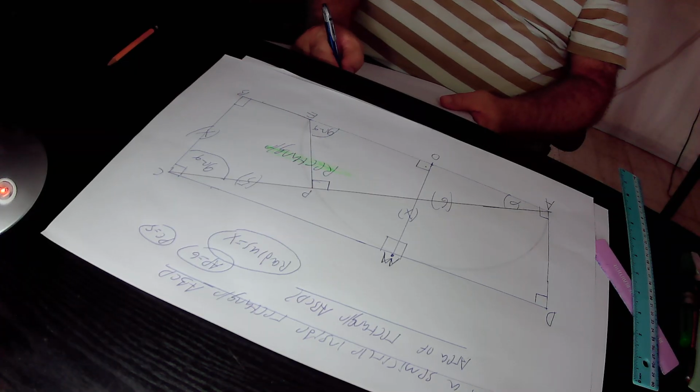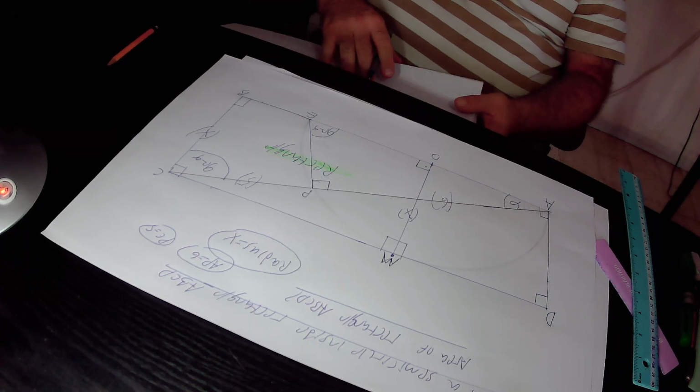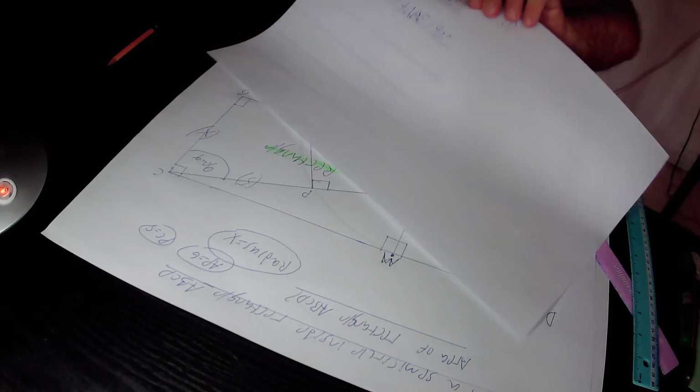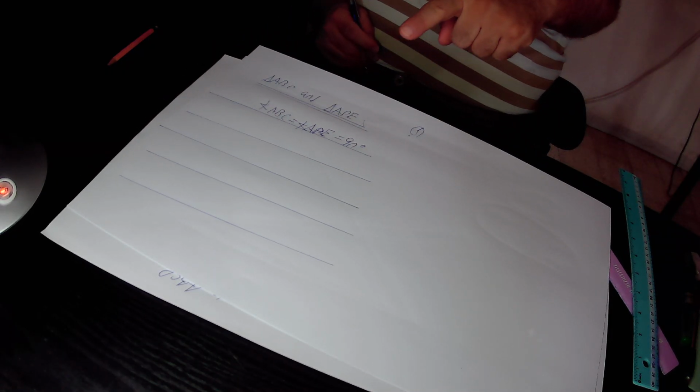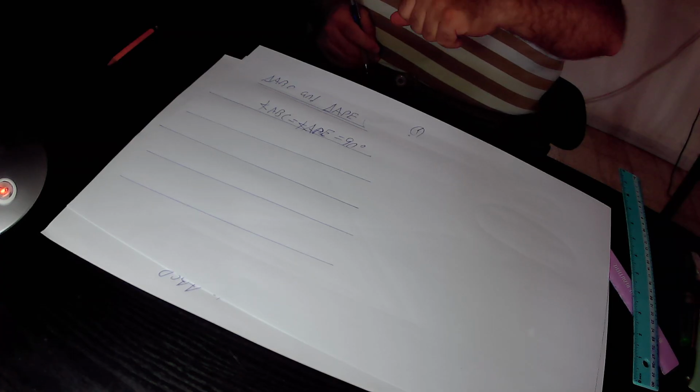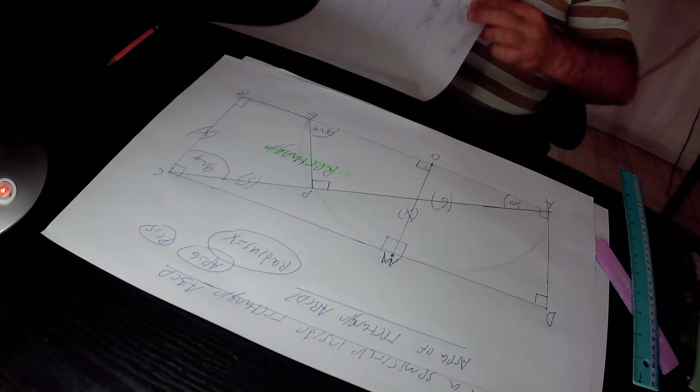So I'll repeat again. Angle ABC in the big right triangle ABC equals angle APE in the small right triangle APE. They are both equal to 90 degrees, and therefore they are equal to each other.